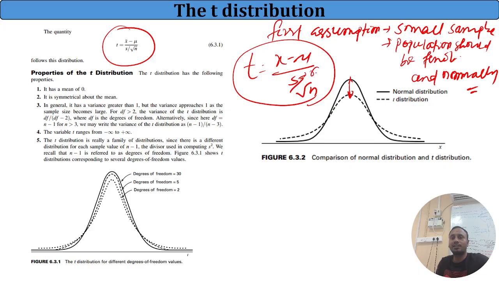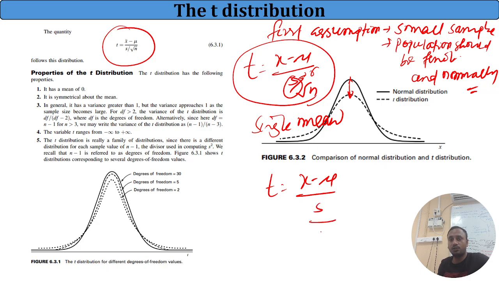We didn't keep sigma because sometimes we will not know the whole population, so we have to take the sample itself. That is the sample standard deviation, so s by root n. This is for a single mean: t equals x bar minus mu divided by s upon root n.